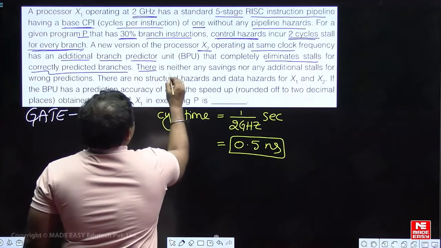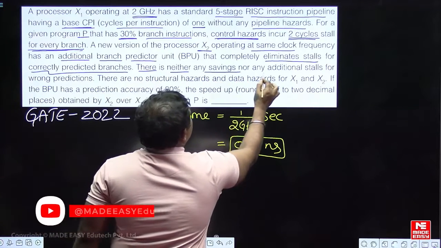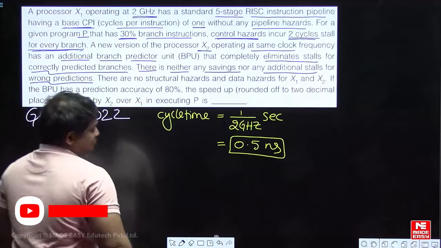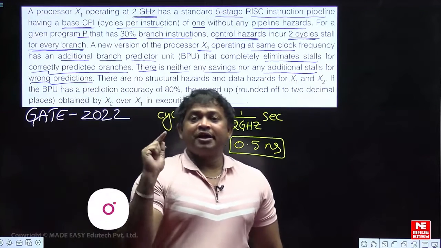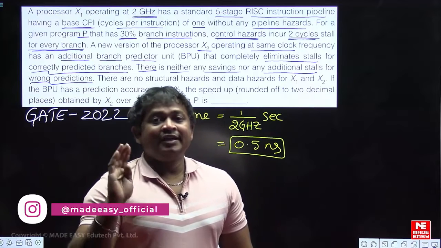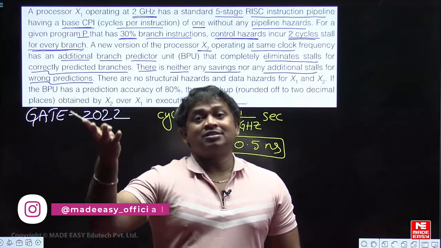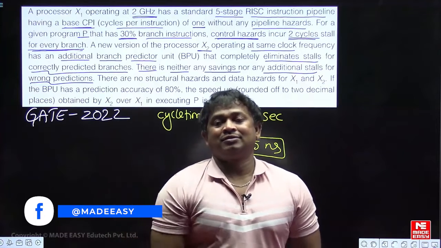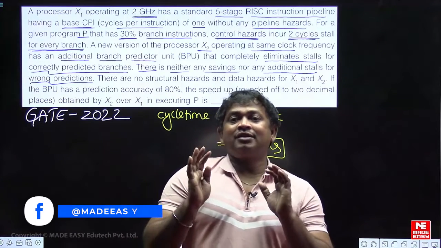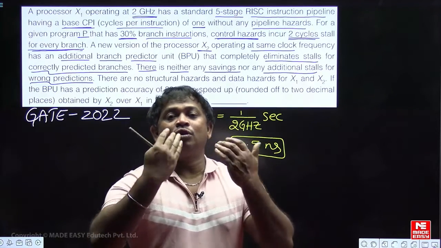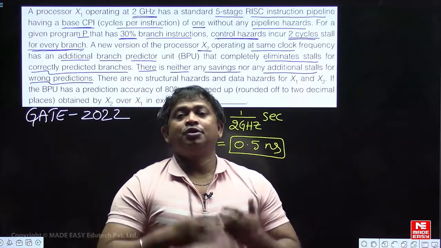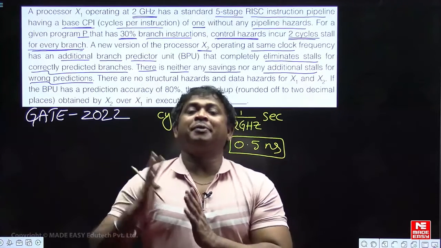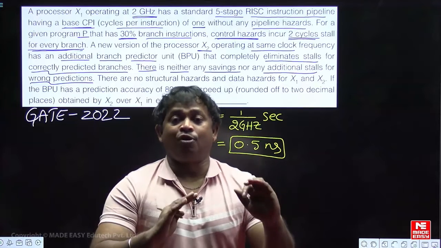There is neither any saving nor any additional stalls for wrong prediction. That means when the prediction is wrong, it does not create extra stalls, and it does not reduce existing stalls. Whatever stalls are present in the old processor due to the branch instruction, the same stalls are present when the prediction is false.